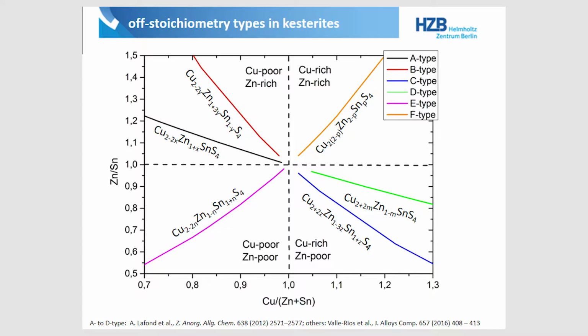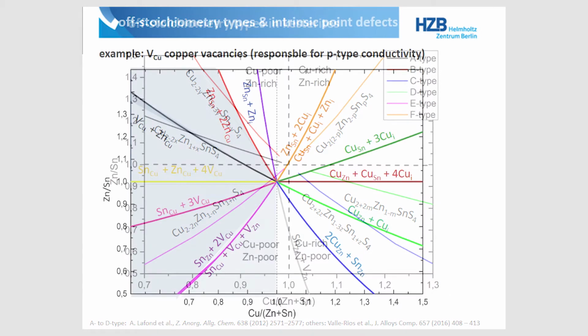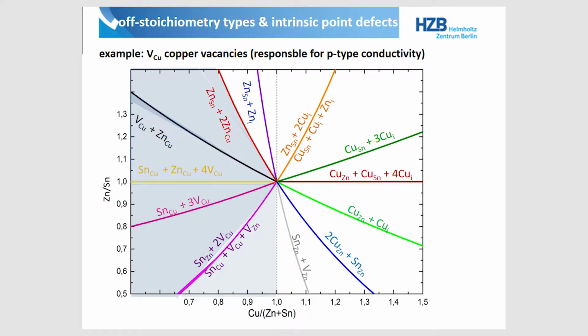This was the A-type line, the black one I have shown you before. So you have different off-stoichiometric types in copper-poor zinc-rich, copper-rich zinc-rich, and so on in all the different regions. And with each off-stoichiometric type, there are certain point defects connected. As for the A-type, this line, copper vacancies and zinc on copper.